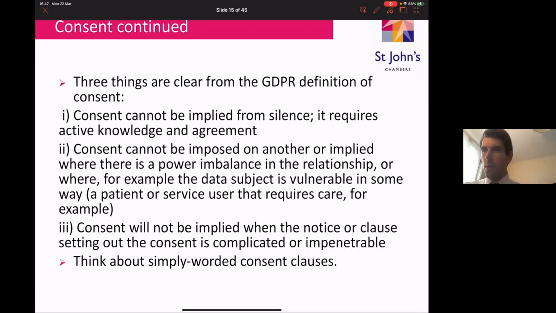And you can't imply consent when your clause or notice setting out that consent is complicated or impenetrable. You've got to have, it seems to me, a clearly, simply worded consent clause.